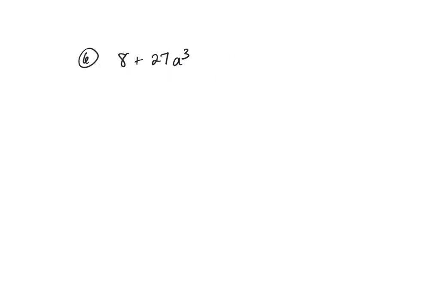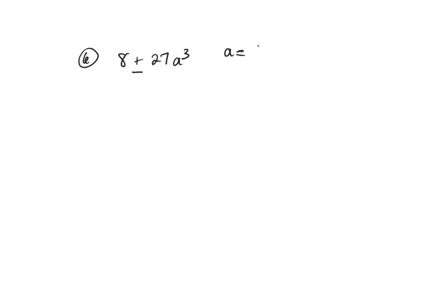For number 8, you are going to use another one of our formulas, and because it has a plus in the middle, you know that it can only be the sum of cubes, and also 8 and 27a cubed are both perfect cubes. So the first step is to find the cube root of 8, which is equal to our a for our formula.